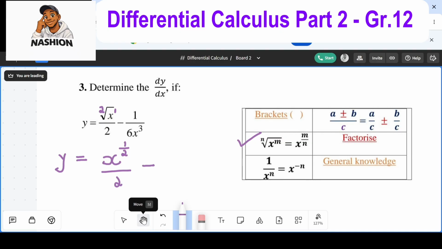Now check this out. In this case, the target is not the 6 at the denominator. The target is the x at the denominator. Remember, we are finding the derivative in terms of x. The x is not allowed at the denominator. So we are going to apply this law of negative exponent right here in the box. We are going to change x cubed into a negative exponent.